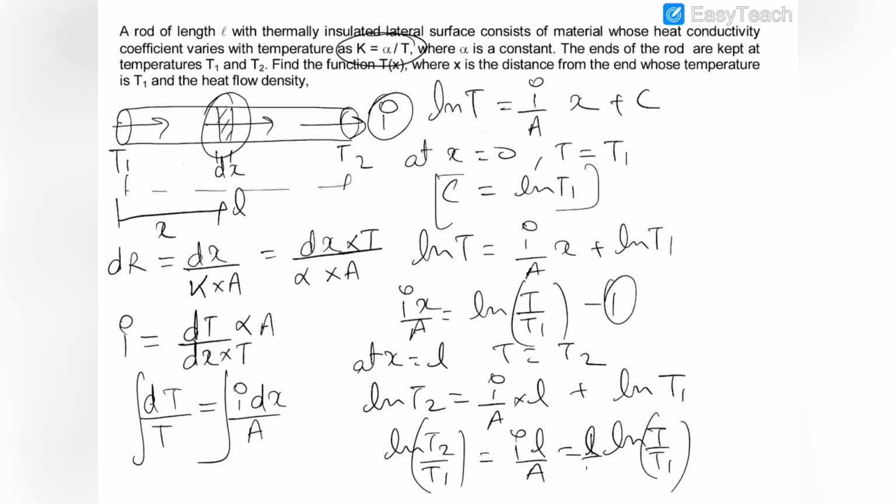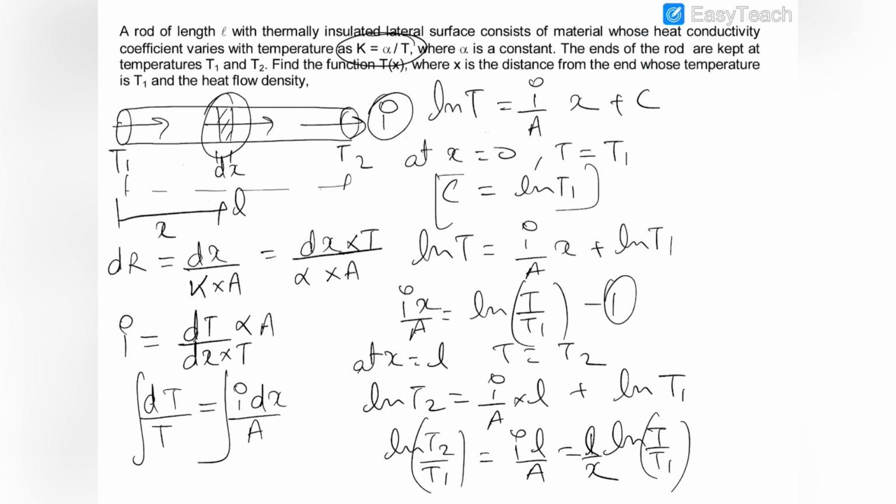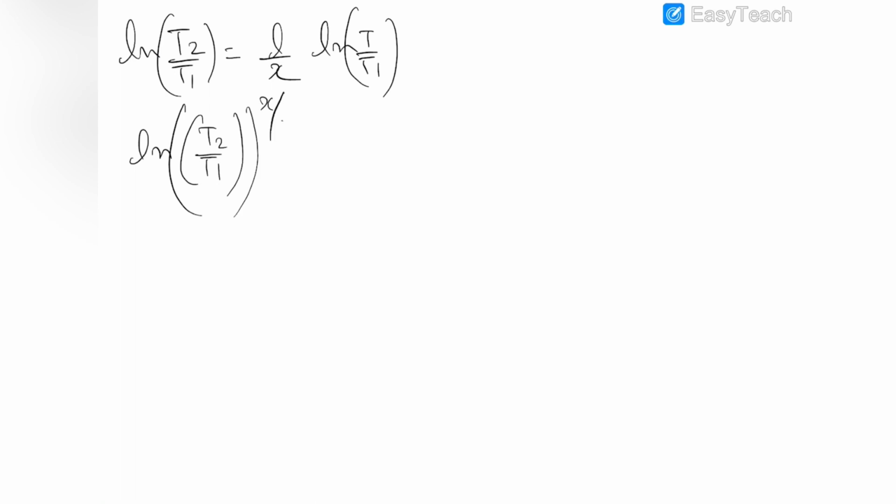So ln T2 by T1 is equal to L by x into ln T by T1. So this is ln T2 by T1 to the power x by L, and this is ln T by T1.